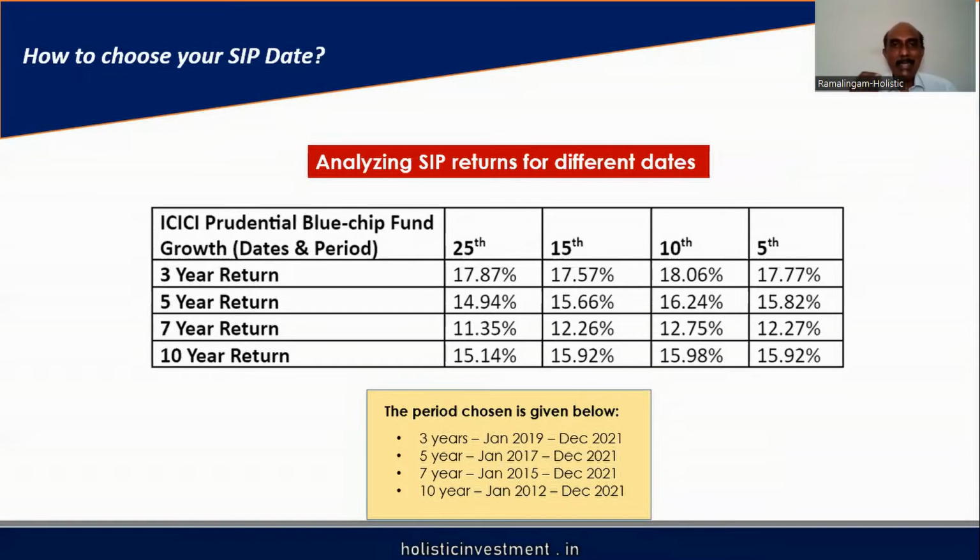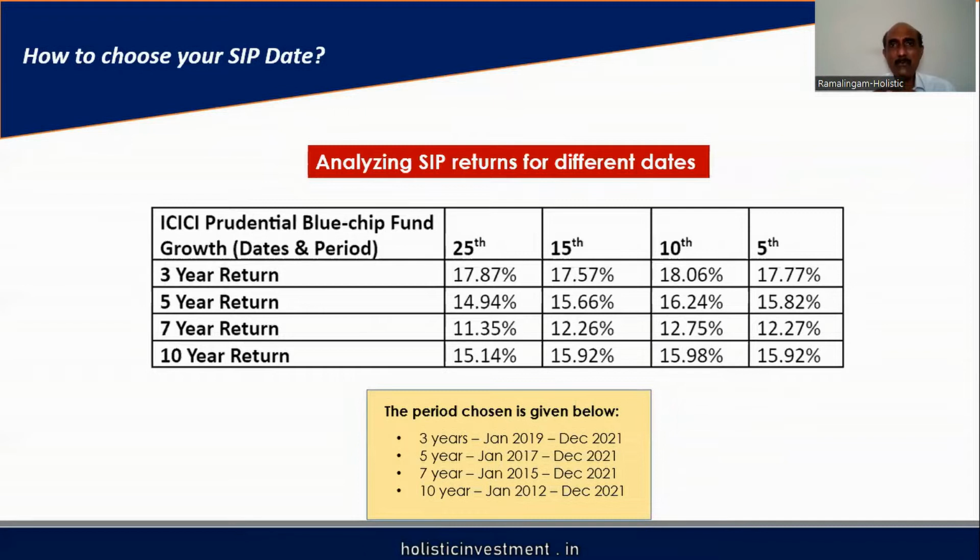If you look at a 3-year period return, there is no vast difference. The lowest return this fund has for 3 years is 17.57, and the highest return it has is 18.06 percentage. 5-year return, if you look at it, the lowest return is 14.94, highest return is 16.24%. 7-year return, if you look at it, it ranges between 11.35 percentage to 12.75 percentage return. 10-year return is also much closer.